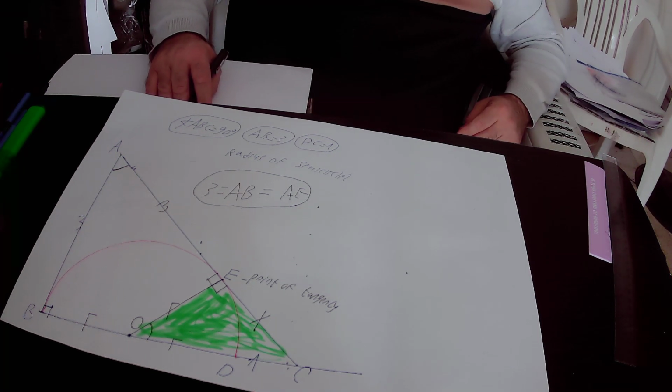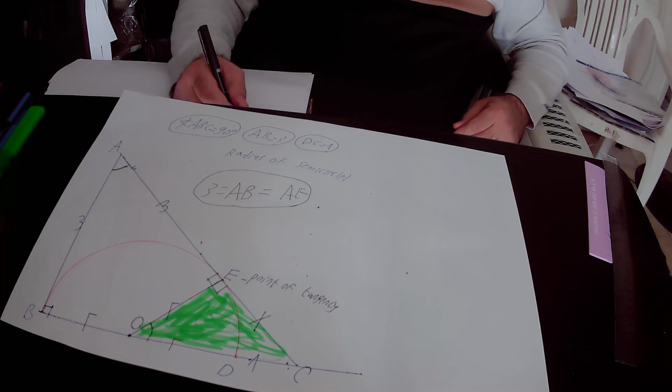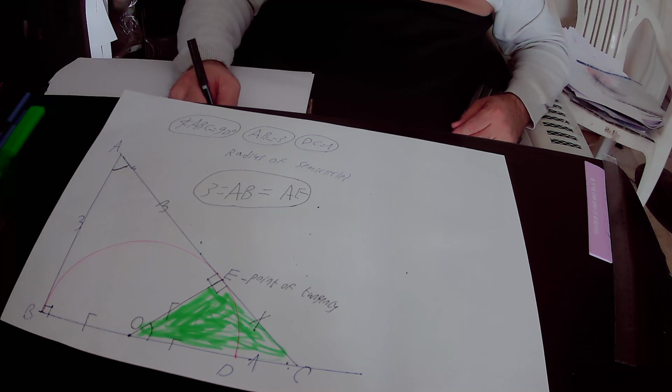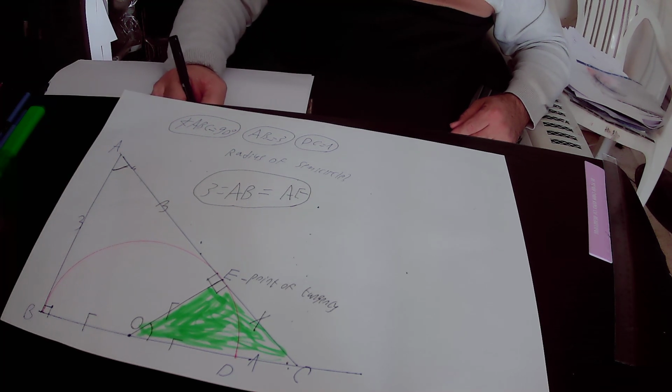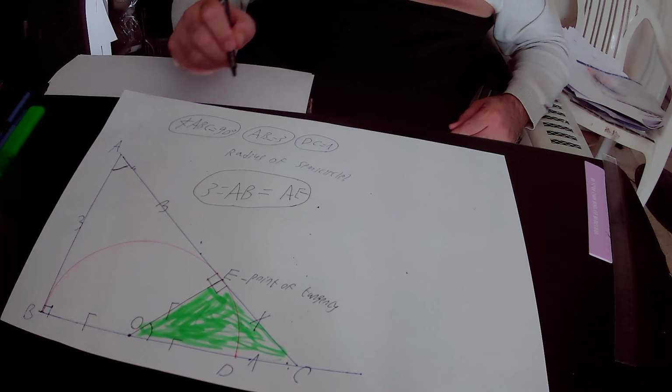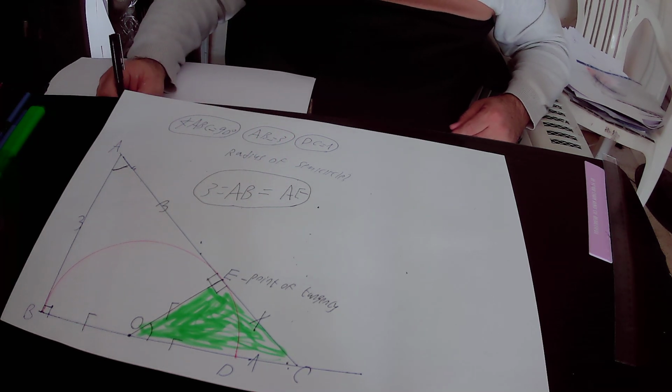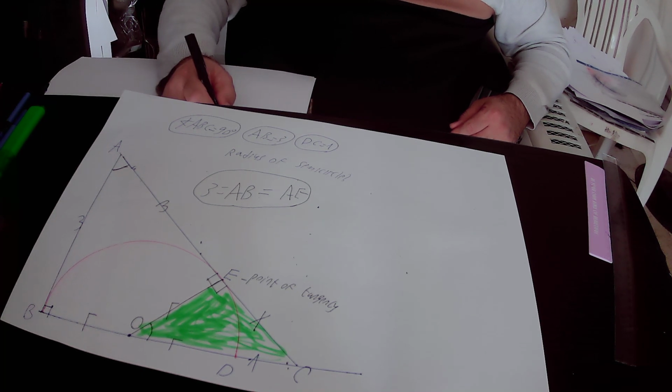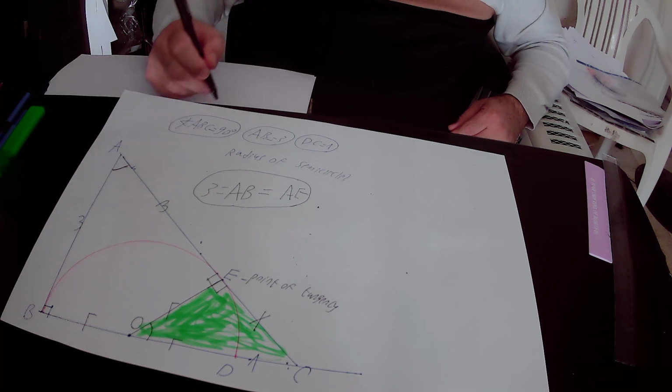So I'll write it down. We actually proved that triangle ABC, the big right triangle, is similar to triangle OEC, the right green triangle, according to the angle similarity rule.